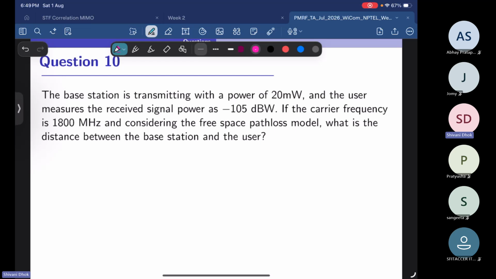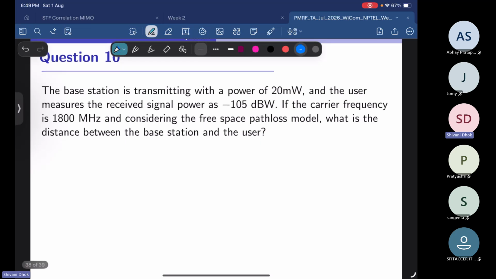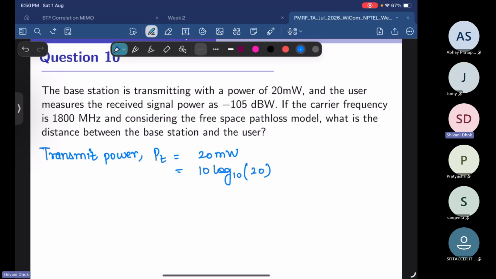So the first thing given to us is the transmit power, this PT, that is 20 milliwatts, that is 10 log to the base 10, 20 dBm.